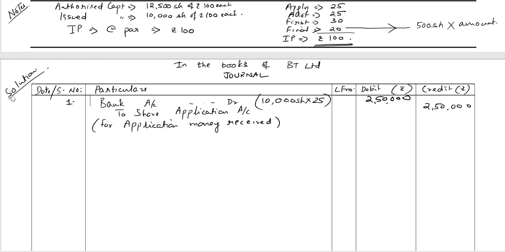The second journal entry is at the time of allotment. Share application account debit to share capital account.